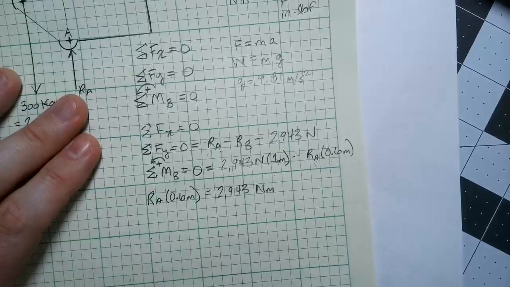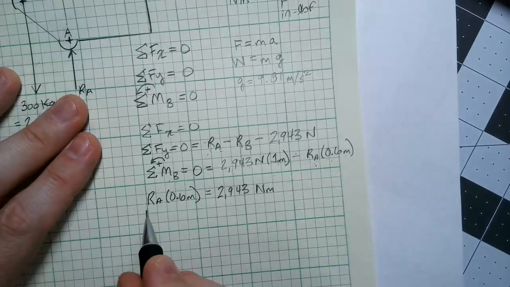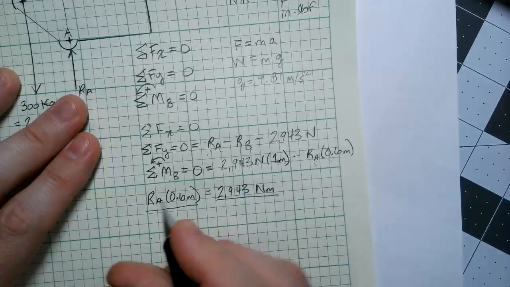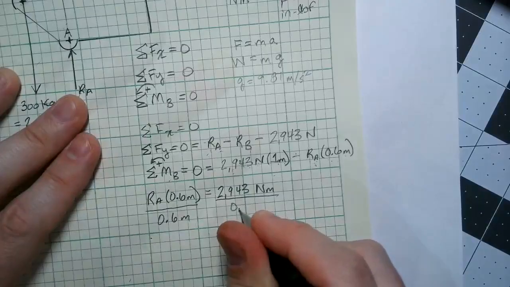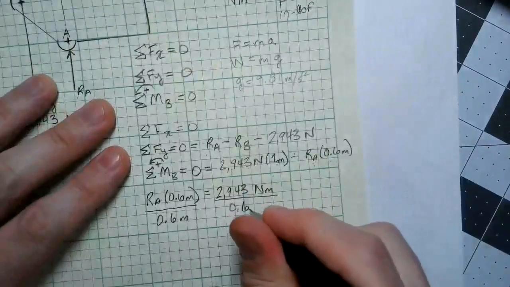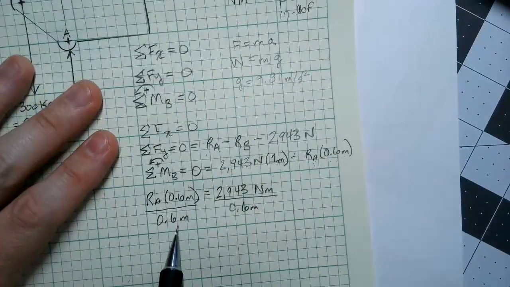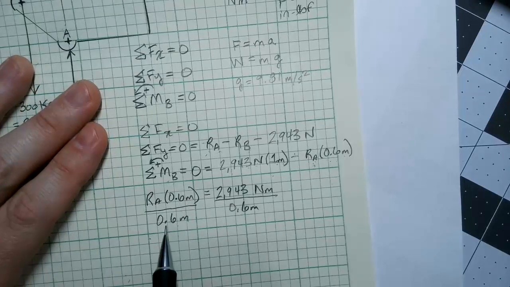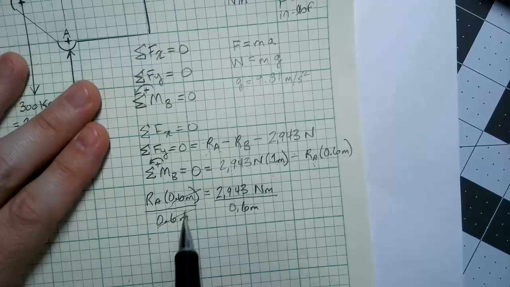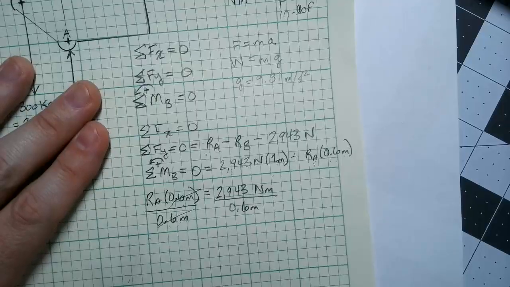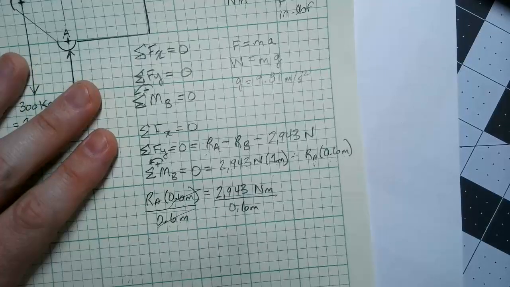Can't multiply yet because we still have an unknown variable. Now we will take and divide both sides of the equation by 0.6 meters. On this side we have 0.6 divided by 0.6. They cancel out because 0.6 divided by 0.6 equals 1.